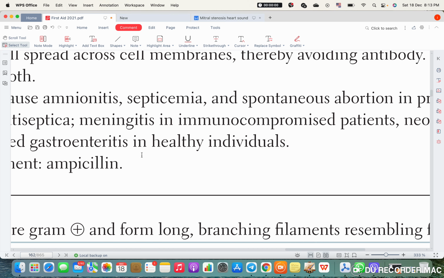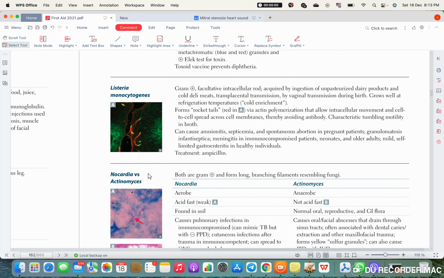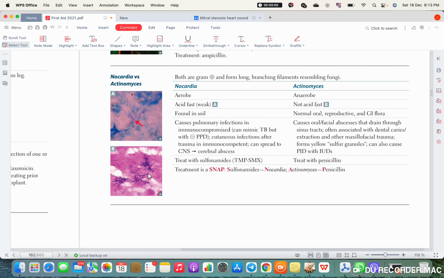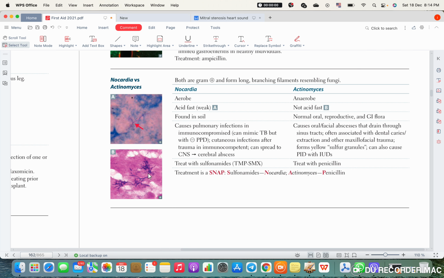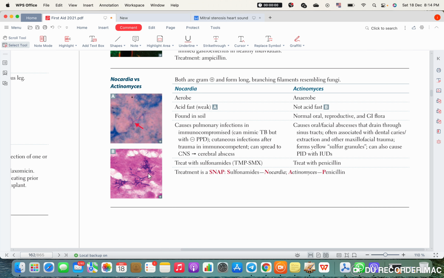Guys, what is the difference between amoxicillin and ampicillin? It's how you give it. Ampicillin is IV, amoxicillin is oral, okay? Otherwise, they act exactly the same.